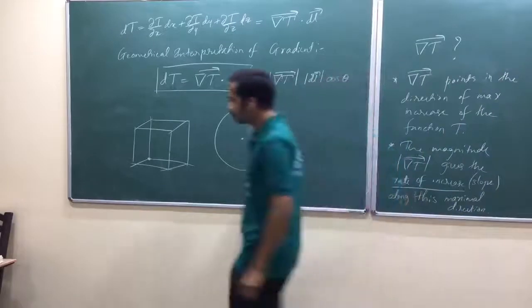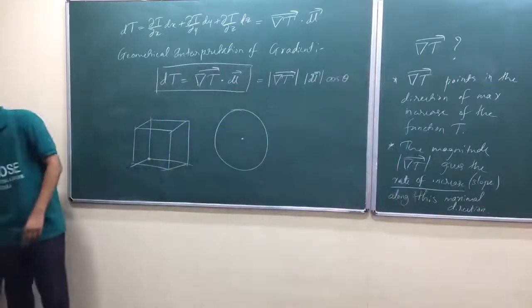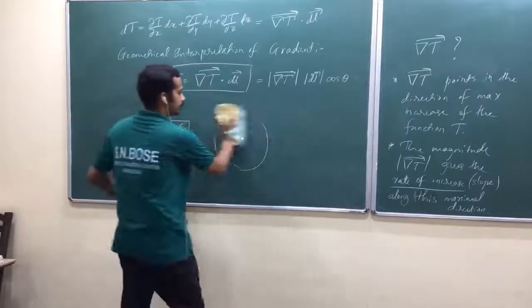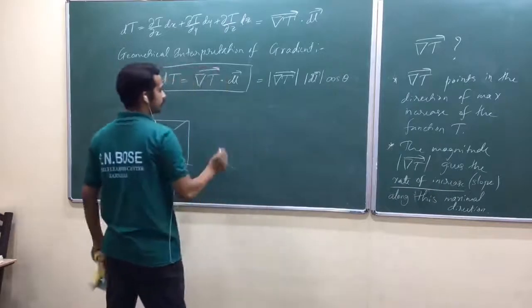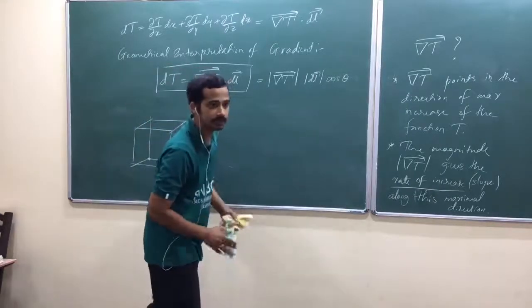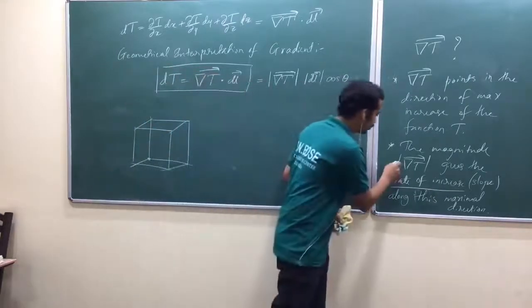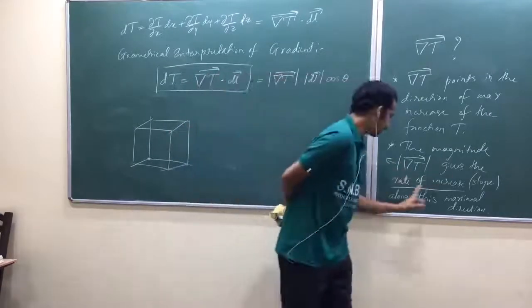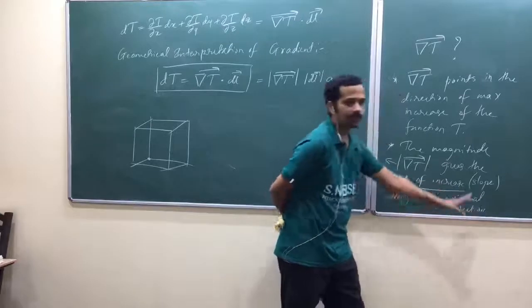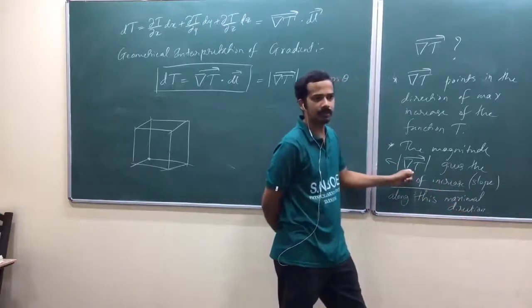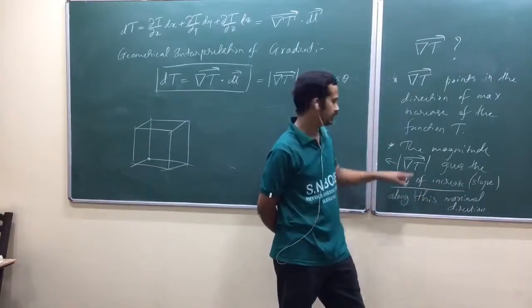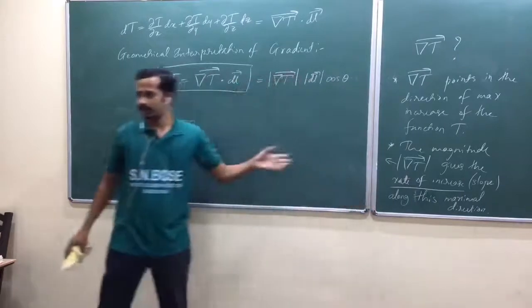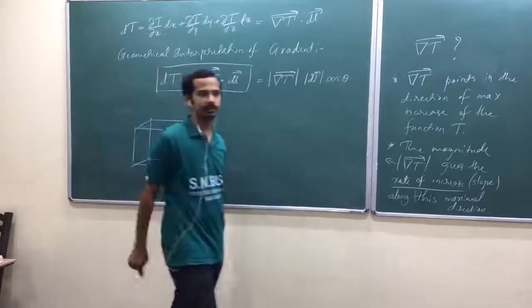So now I am going to define one more quantity, which we call the directional derivative. Now look here, this is not the maximum rate of change. This gives the rate of increase in the maximal direction, so you can call it the maximum rate of change, because in that direction we get the maximum change in temperature, obviously.